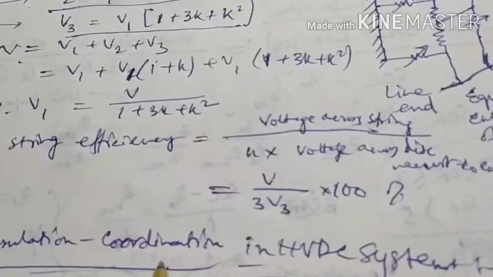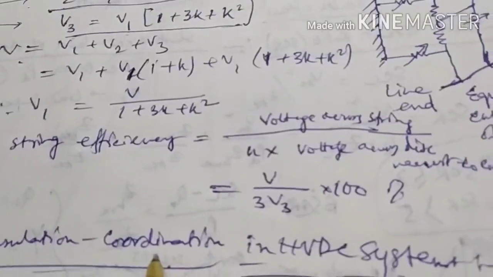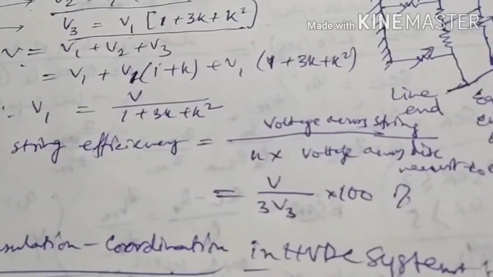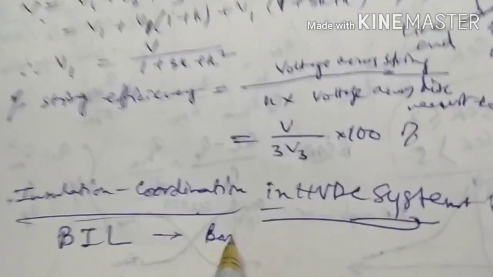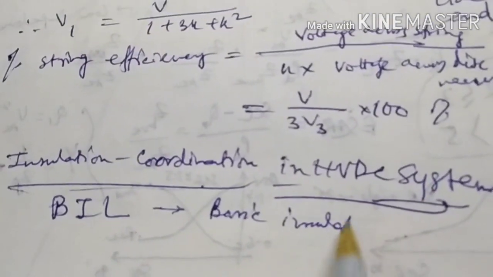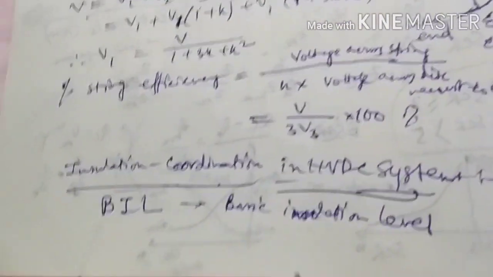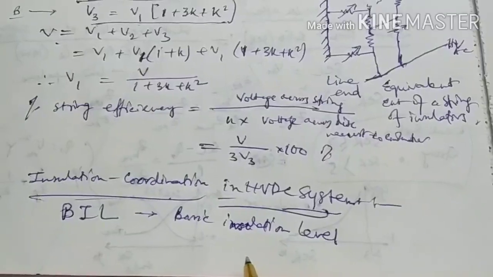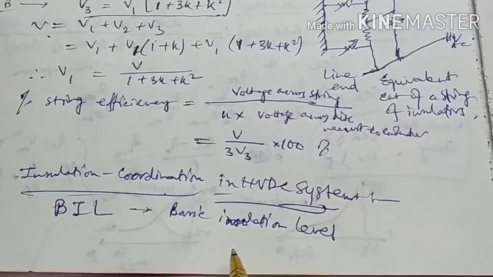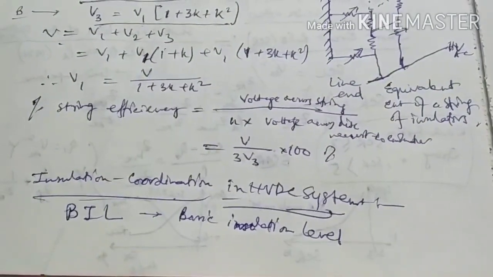The insulation coordination in a power system requires the determination of line insulation level, the selection of basic insulation level, that is termed as BIL, and the insulation level of the other equipment, and the selection of proper protective device such as arrester, so as to provide the equipment economically justifiable protection.